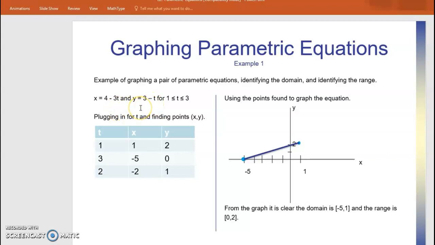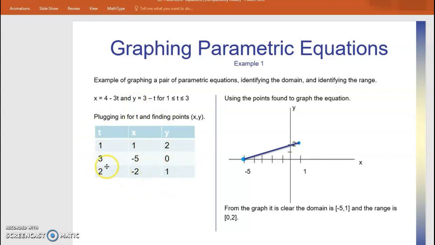For this particular example, we are told that the values of t are greater than or equal to 1 and less than or equal to 3. So, to graph, we simply plug in values for t and solve for x, and likewise plug in values for t and solve for y. That has been done here in the table for this example.